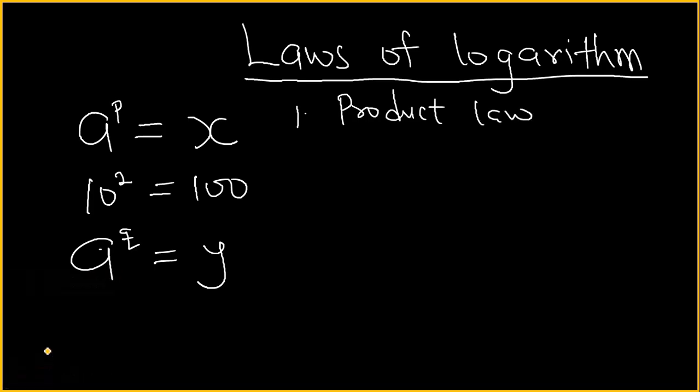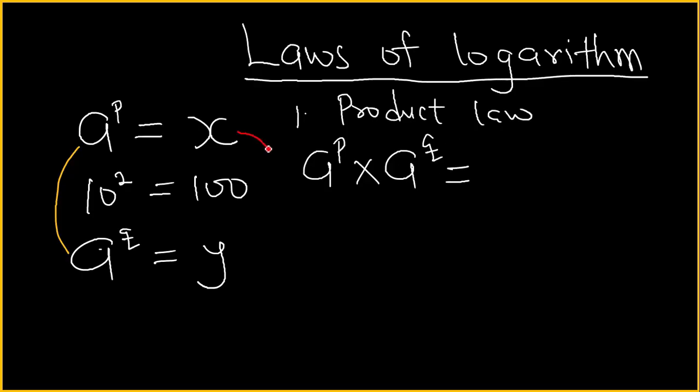And with the product law, the operational sign between the index forms a^p and a^q is multiplication. a^p times a^q is equal to x times y, that is x multiplying y.